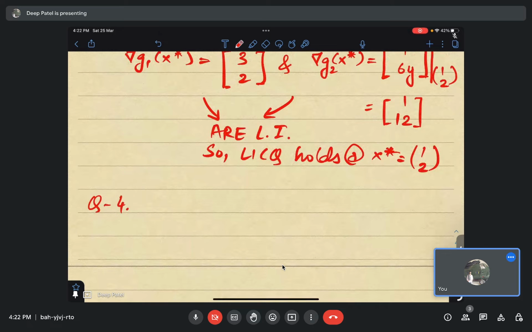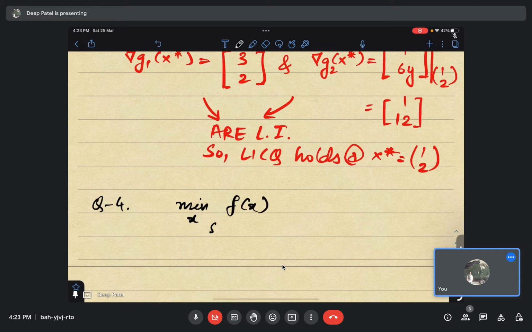Okay, coming to question 4. So I have 2x1 plus 5 is less than 7.